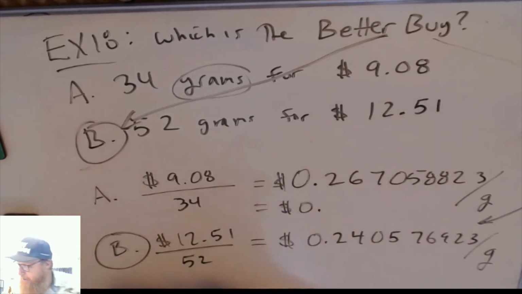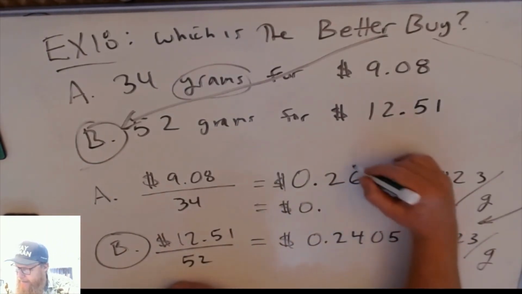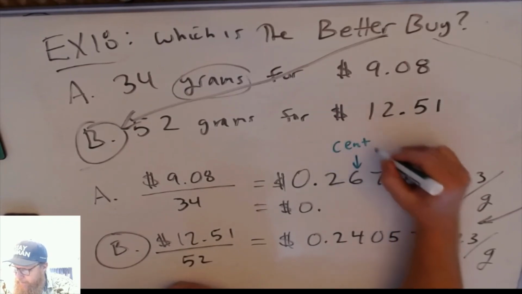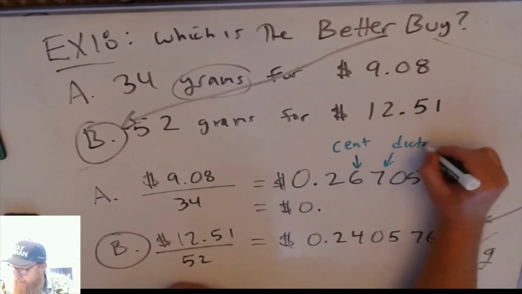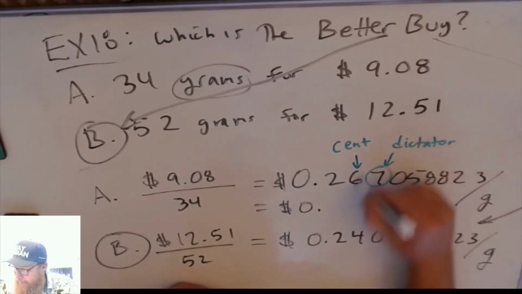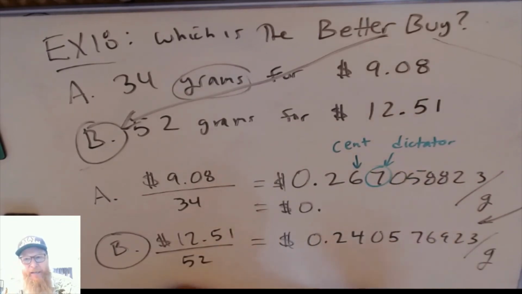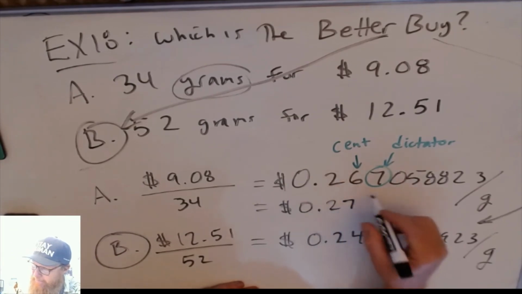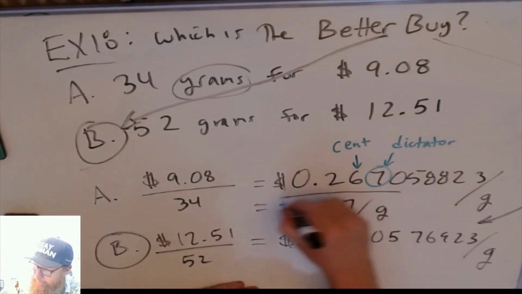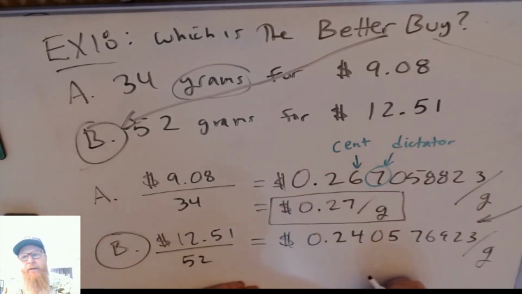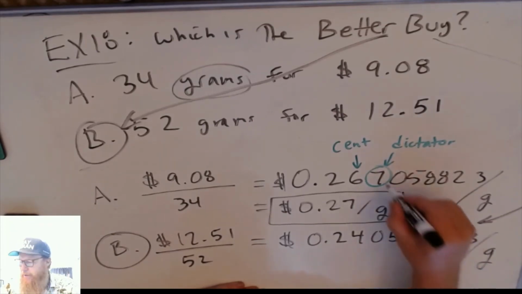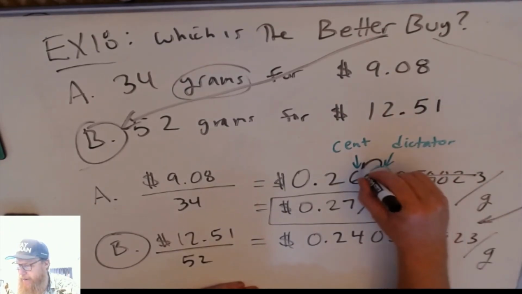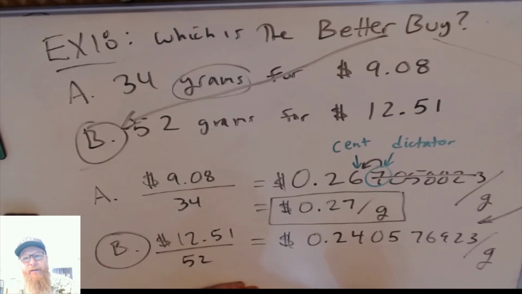So you're going to go to the nearest cent. And then you have your dictator. The dictator is the third decimal place. So that's going to go up to 27 cents per gram. All right. And then you throw away all these digits, and then you add 1 to the 6.